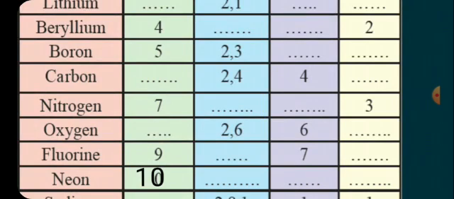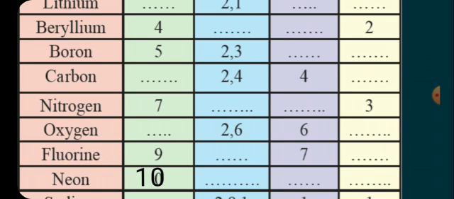Nitrogen 7, electronic configuration 2, 5, number of valence electrons are 5. And why the valency is 3? Children, do you remember last year we have studied the concept of valency, and you must be remembering that if the number of valence electrons are 4 or less than 4, then that number indicates the valency of that element.